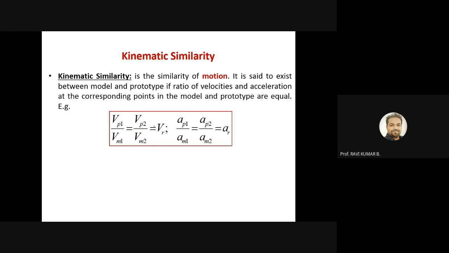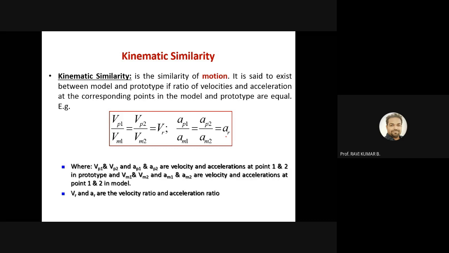This ratio is basically known as velocity ratio, V suffix R. Similarly, for acceleration, you can write the relationship in the same way. So AP1 by AM1 is equal to AP2 by AM2 is equal to the acceleration ratio, or acceleration scale ratio. So AR we can define.